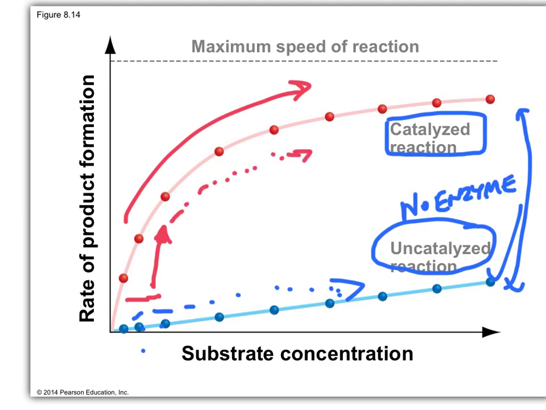At some point you reach saturation. And that means that you have too much substrate. Especially when you're out here where it's completely level, you can only go so fast. They're going as fast as they can, right? I can only go as fast as I can. I can't do it faster. No matter how much more work you pile on me, I can only go so fast.